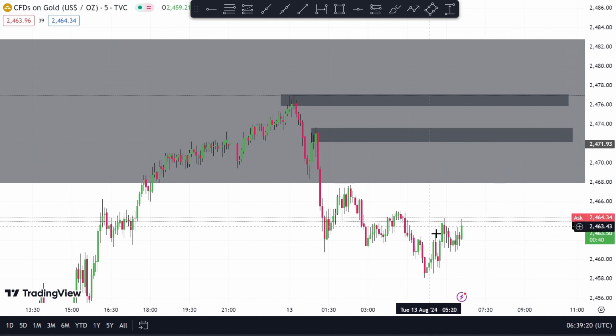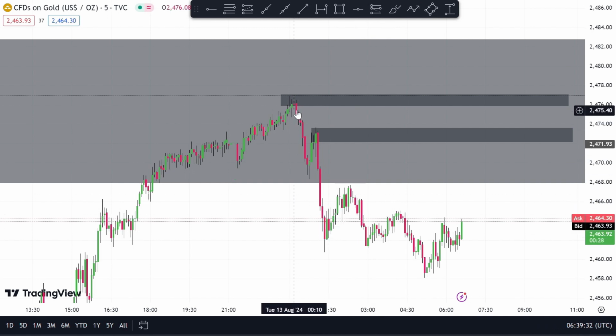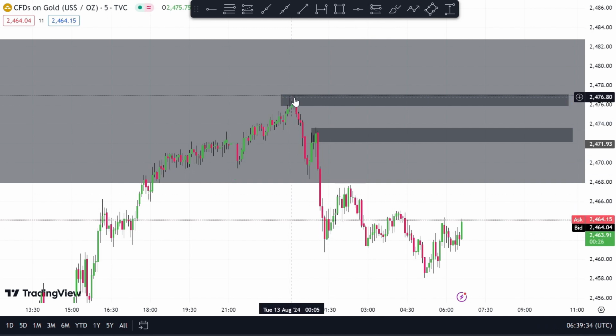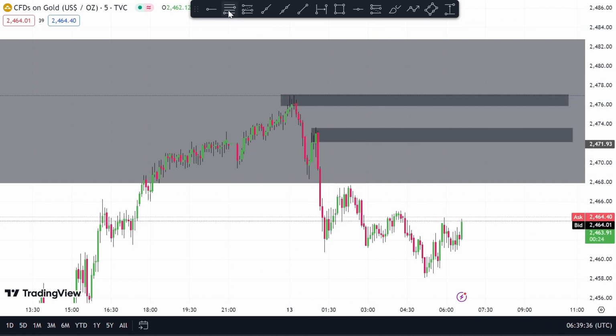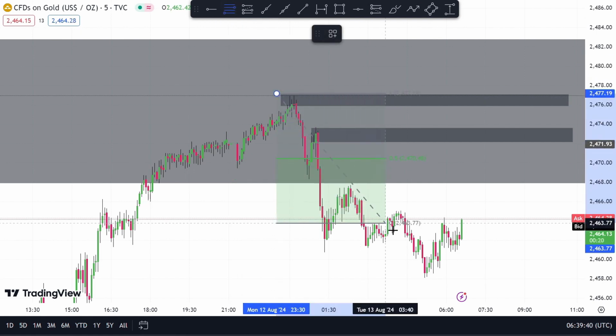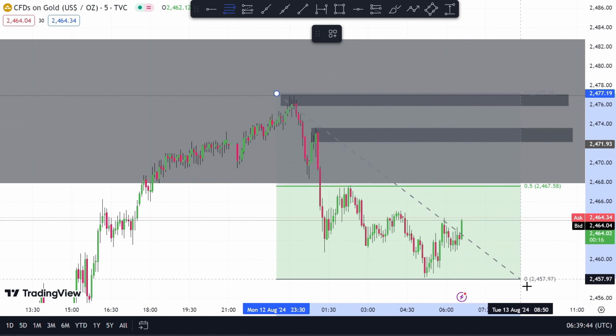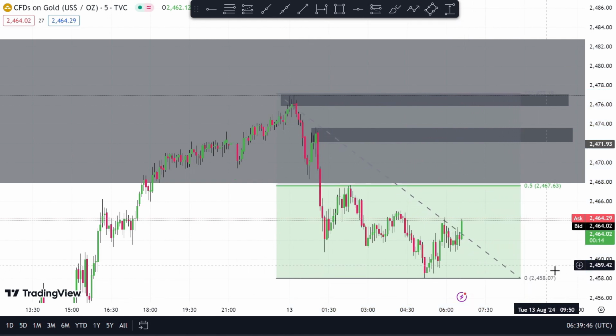So if we are to spot out also a premium and discount, we should be taking a premium and discount from this high here to this low. So now we are waiting for price to come to our discount.